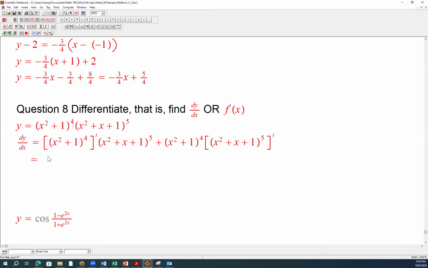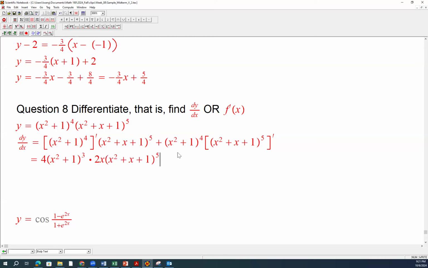So it's going to be 4 times x squared plus 1 to the power of 4 minus 1, which is 3. But this is not done. We have to differentiate x squared plus 1. That will give us 2x. And then we multiply that part.